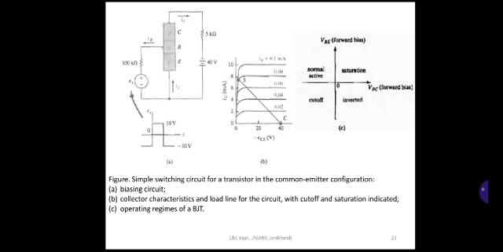Figure B shows the collector characteristics and load line for the circuit, with cutoff and saturation indicated. The third is the operating regimes of a BJT. A BJT operates in four different regimes: cutoff, saturation, normal active mode and inverted mode. We will see all these one by one.